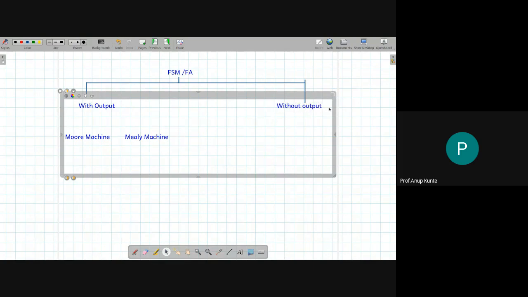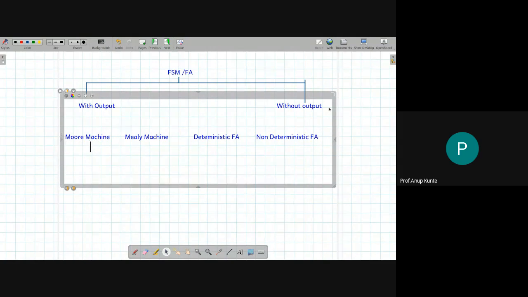Okay. Here, this is called deterministic FA, then non-deterministic FA, and there is one more category which I am writing down. Three categories.